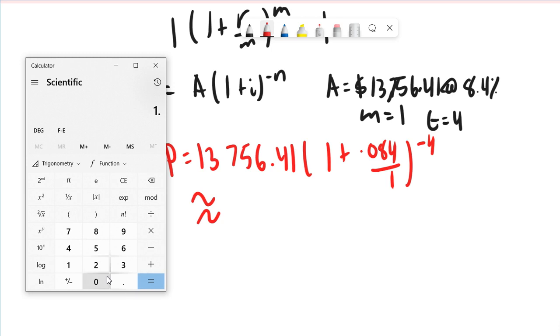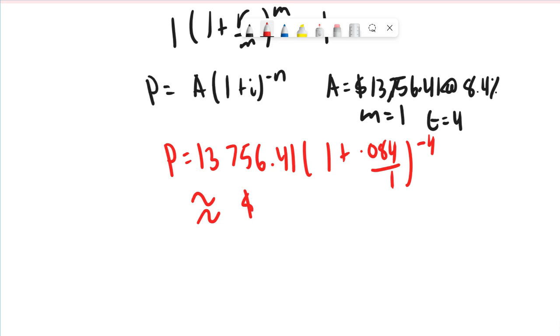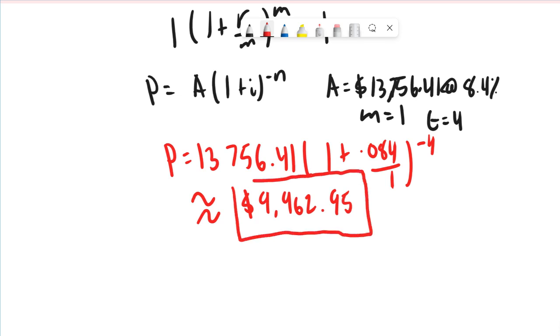So 1.084 raised to the negative 4, and then we multiply by 13,756.41. Okay, so that means that the amount that should be invested now is $9,962.95. Okay, so this is the present value.